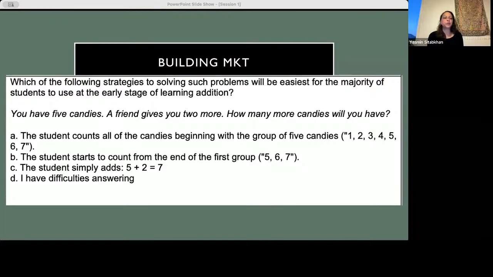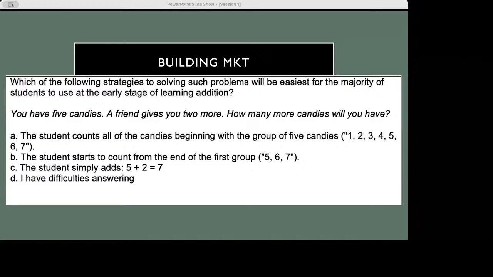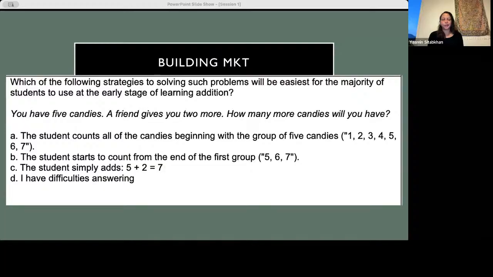Okay. So you think they will count all at the beginning instead of counting from the end of the first group. Correct. Okay. So what do you all think the correct answer is? Count all of them together. 1, 2, 3, 4, 5, 6, 7.